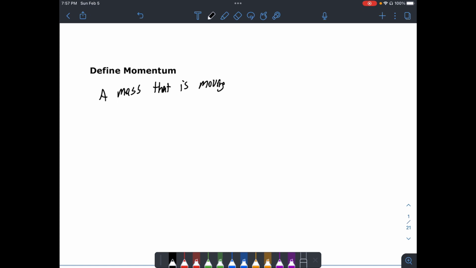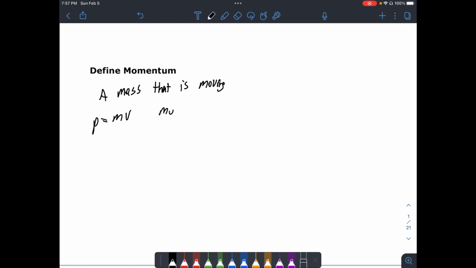Now, almost everything we encounter has mass, every object. And we write momentum, we use the letter P for momentum, and we write this as a mass, so M, that is moving. And something that is moving has a velocity.